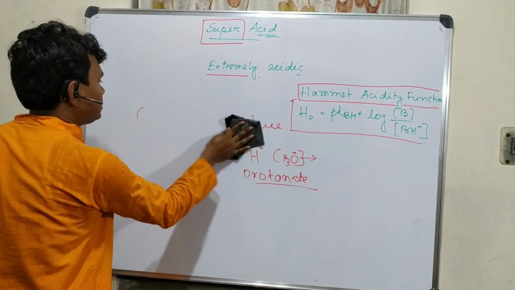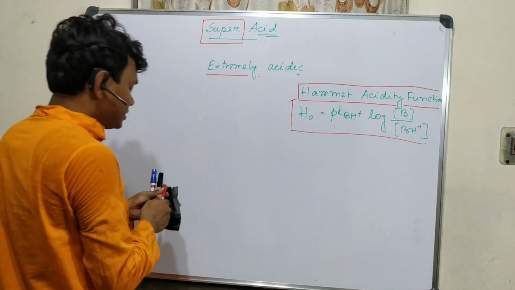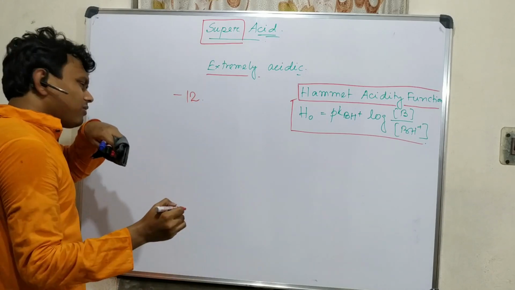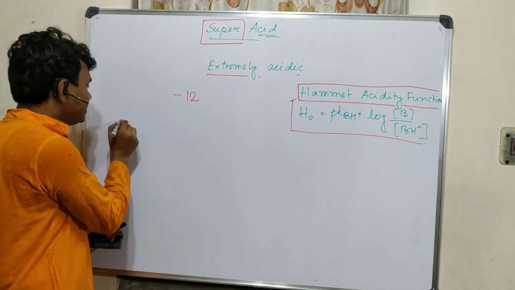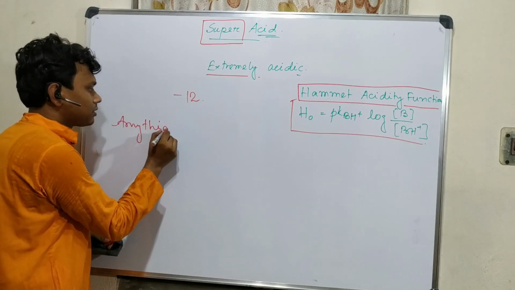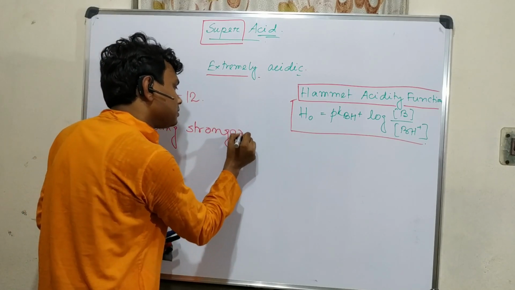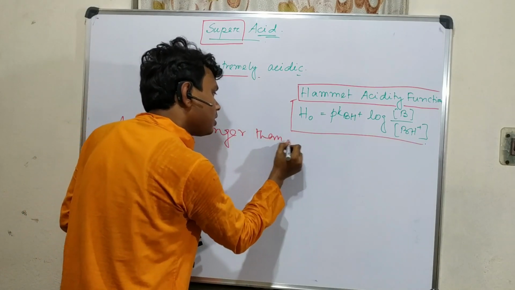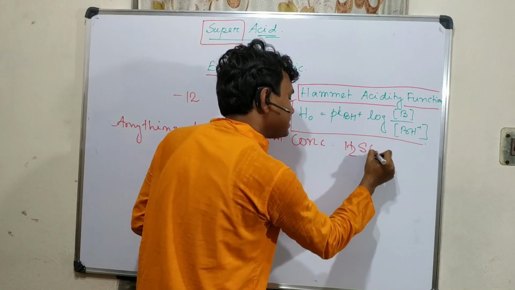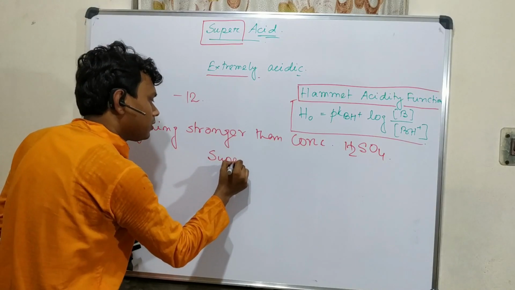Traditionally, the H0 value of concentrated sulfuric acid is minus 12, around minus 11.9. So anything stronger than concentrated sulfuric acid should be considered a superacid.